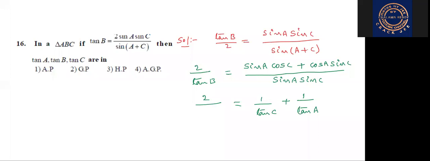Right hand side, 2 divided by tan B. So those are in which series, students? Tell me. Tan A, tan B, tan C are in harmonic progression, HP. This is the answer.